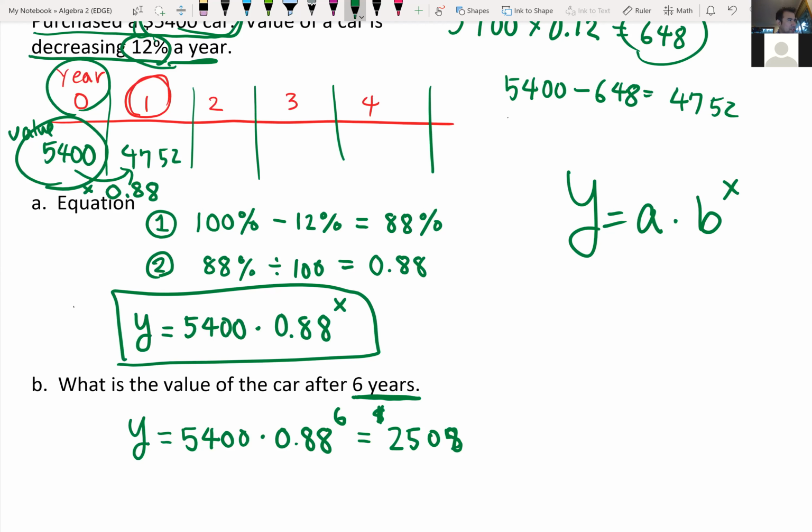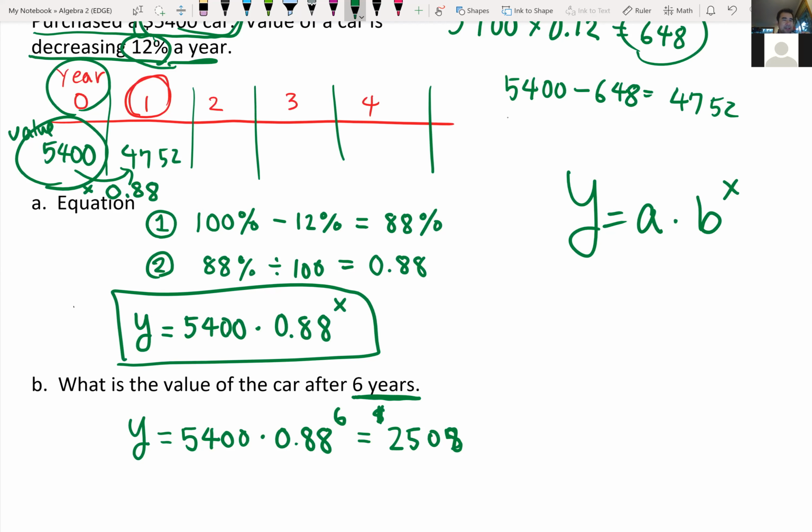I hope this makes sense to you. So again, 100% is the whole thing, right? It's the 5,400. That's the 100%, right? But if you lose 12%, you're going to subtract 12% from 100%. And that's where the 100% comes from. I hope that makes sense to you.